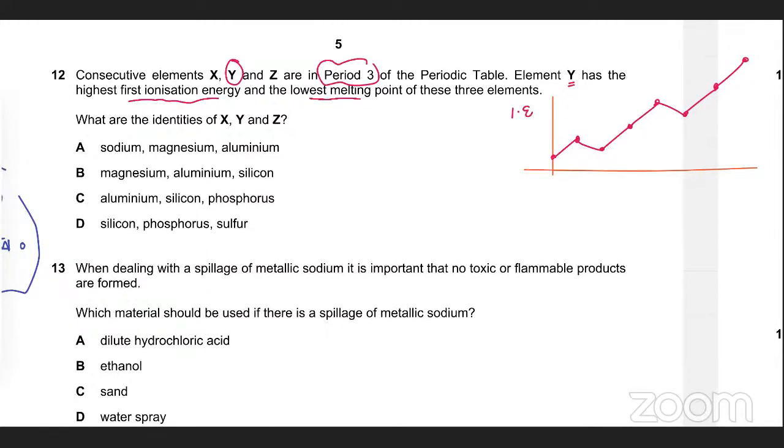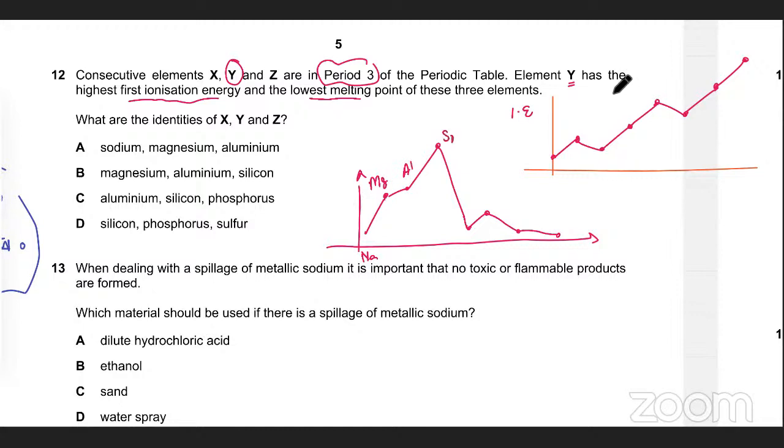What about melting points? Let's quickly sketch the melting point graph of period 3 elements. Remember, this is inorganic. So Na has a low melting point. Then you've got Mg and Al, which are almost similar. Then silicon, which is giant covalent.